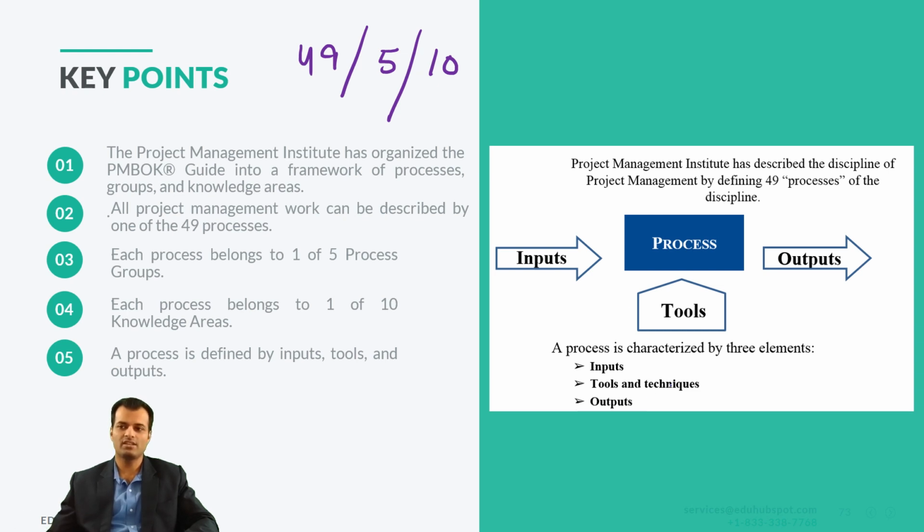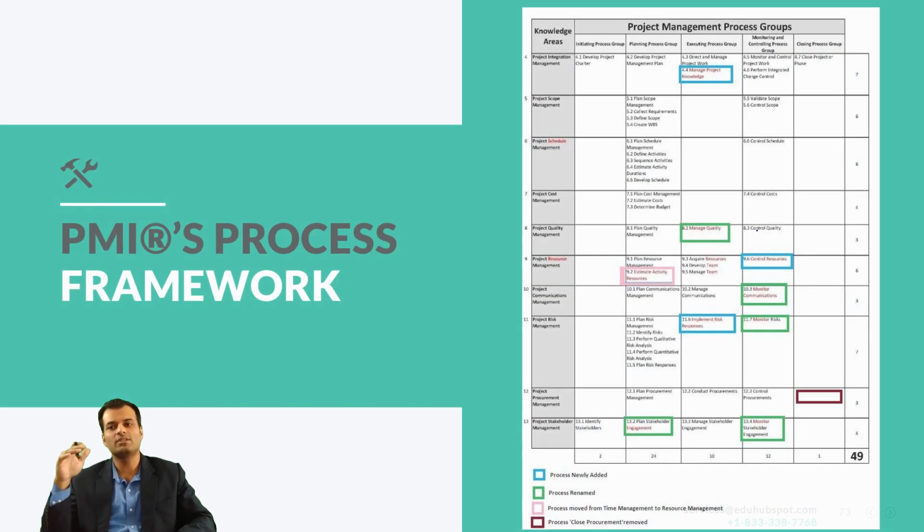The tools actually work on the inputs to give you the outputs. That's your framework structure. And if you have your ITTO sheet, you can see that the first tab is all about these processes, showing which process group and which knowledge area these ITTOs belong to.